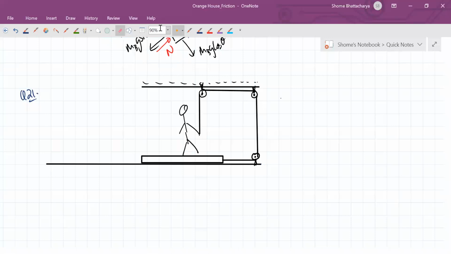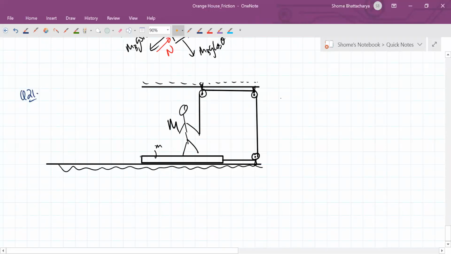So that now the wall is not necessary also. Now this surface is rough. So the person's mass is capital M, the platform's mass is small m, and this has a coefficient of friction mu.